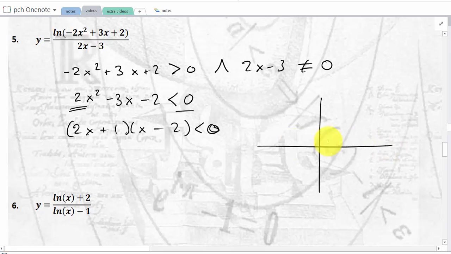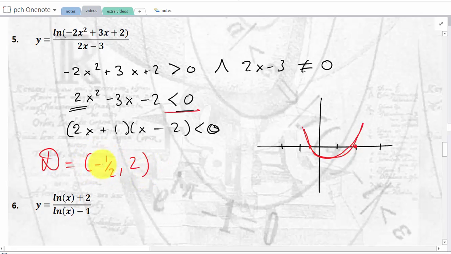Okay, quickly, let's check it out. So negative 2, negative 1, 1, 2, 3. All right, the intercepts are negative 1/2 right here and 2 right here. And we want it to be negative, therefore it's everything between negative 1/2 and 2. So the domain is everything between negative 1/2 and 2.